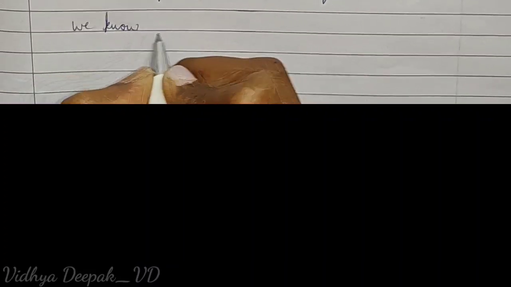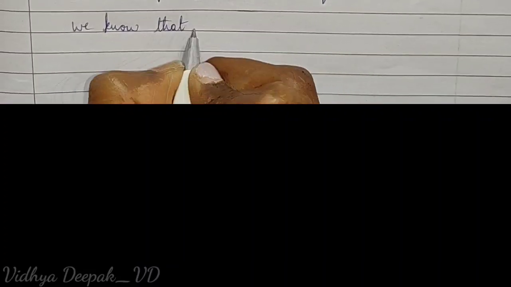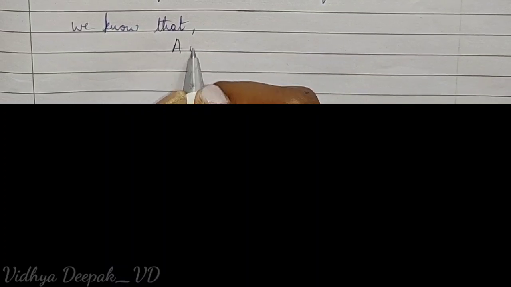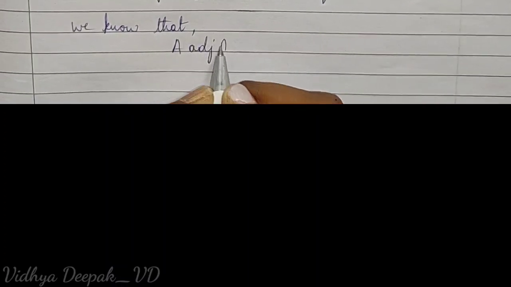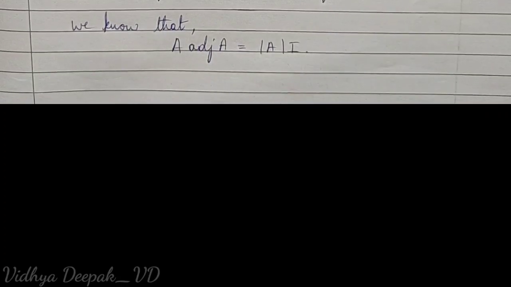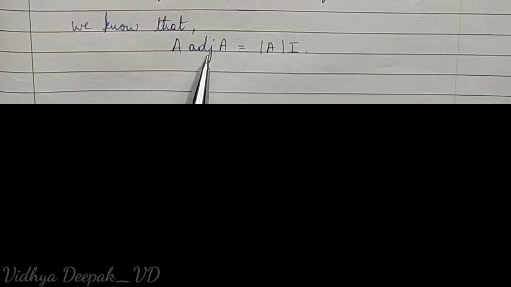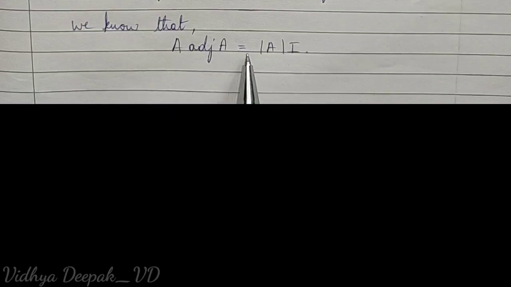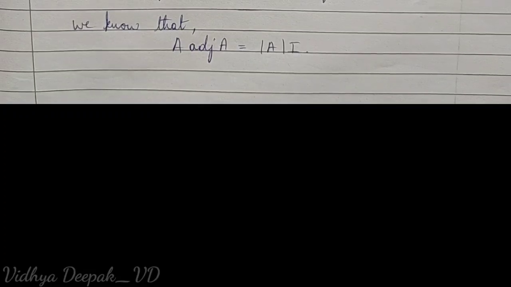Okay, so we know that A into adjoint of A is equal to determinant of A into I. This is a proven result. So we will take this, that is A into adjoint of matrix A is equal to determinant of matrix A into identity matrix.